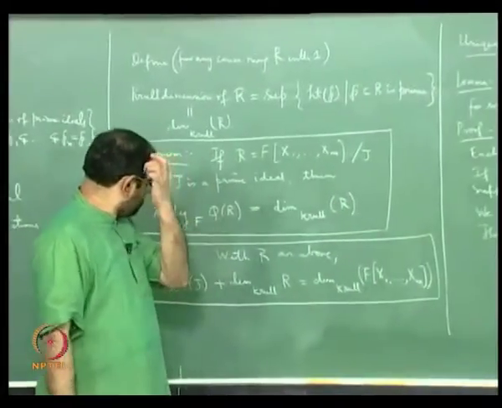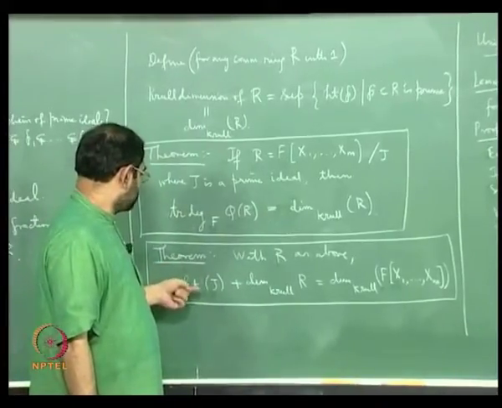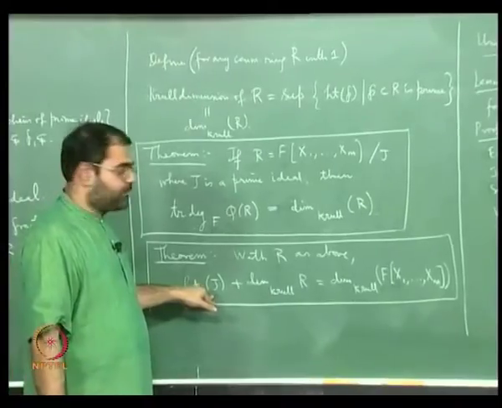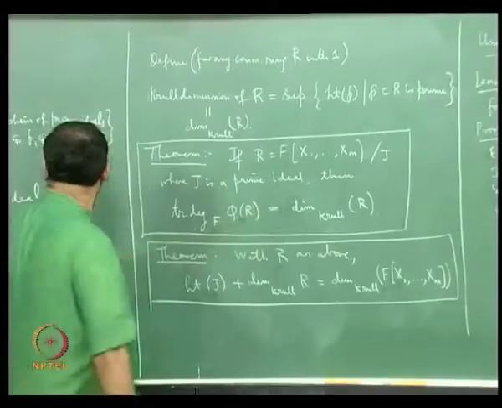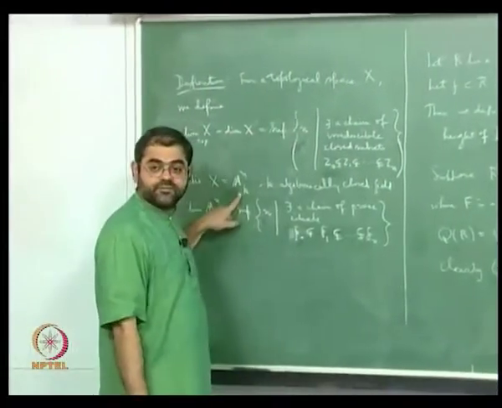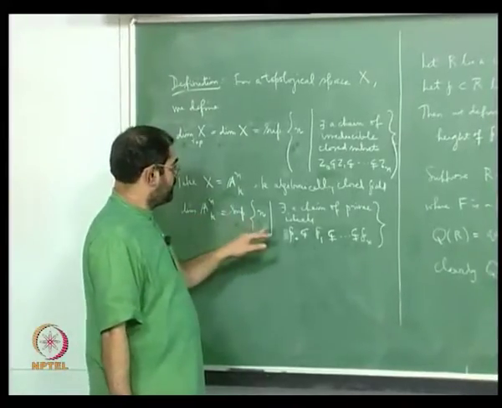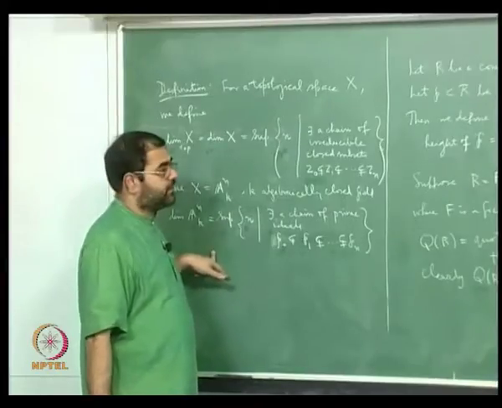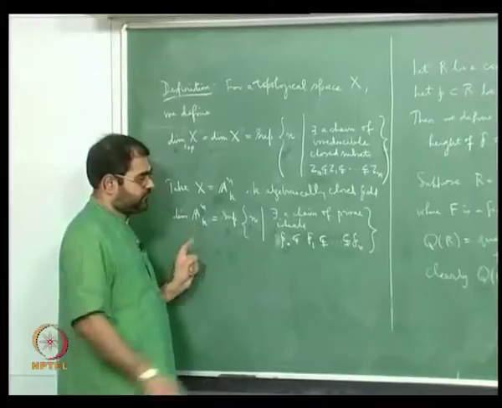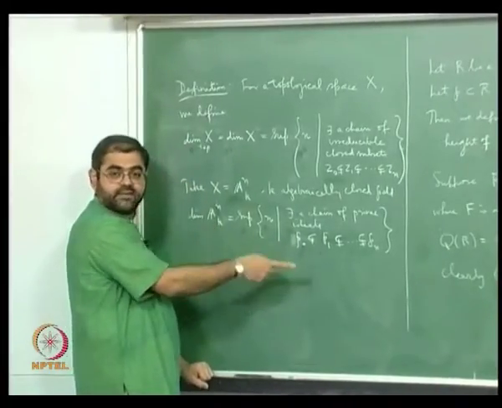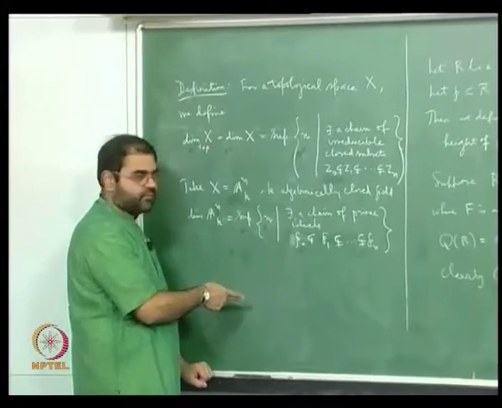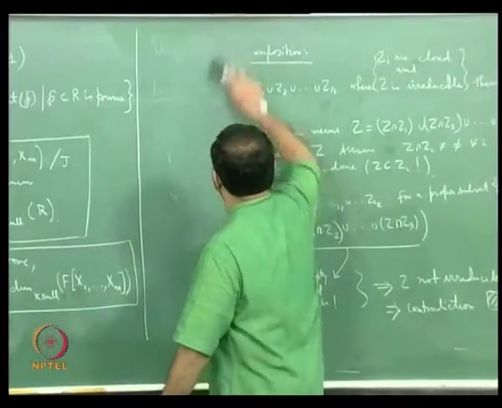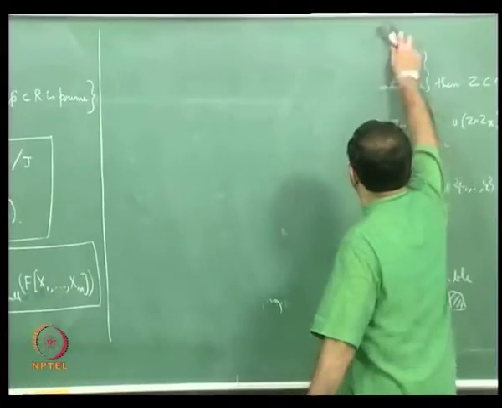So what this will tell you is, probably I do not need this now, maybe I will need it later when I look at the general case of an affine variety, but for the moment what you get immediately from all this is that the dimension of your affine space will be by definition the supremum of all these things, okay, and you can see that this is the same as the Krull dimension of the ring of polynomial functions on the affine space, which is equal to n, okay.